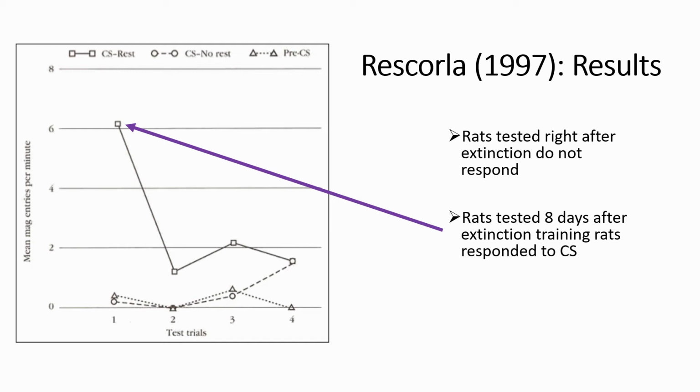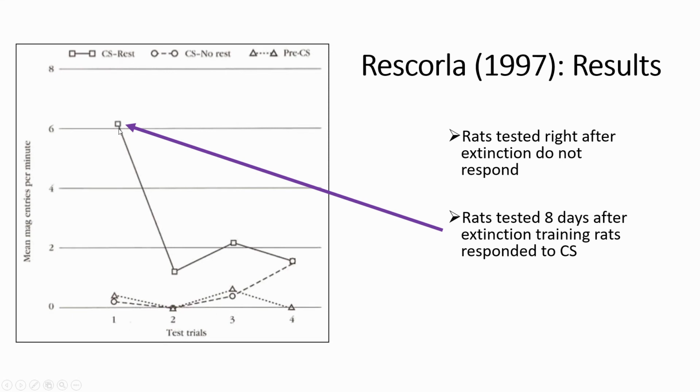spontaneous recovery. We wouldn't expect any difference in responding between a group that was tested after a rest versus immediately after extinction. If extinction was just unlearning what had been originally learned, then these two groups would both look identical and they would both be very flat at the bottom.